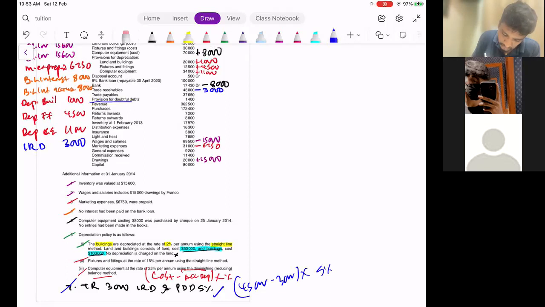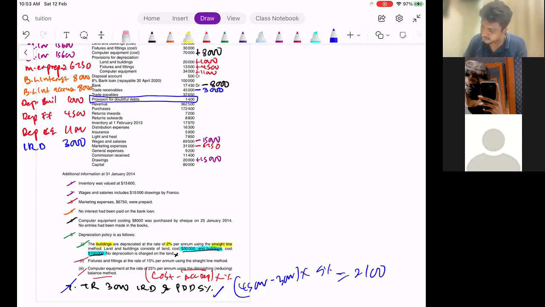Last year's provision for doubtful debt is 1,400. This year I get 2,100. So it's increased by 700. So I will plus the 700 here, then create an increase in provision for doubtful debt 700.